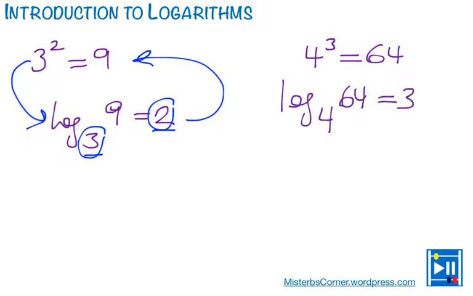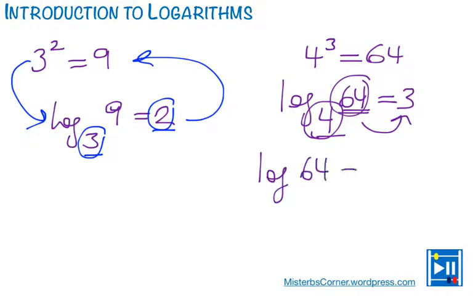Basically, I'm trying to define this number as a power of the base, and I'm trying to find what power of this base will give me this number. For example, if I write log 64 with the base 2, then I should write 6 here, because 2 to the power of 6 equals 64.